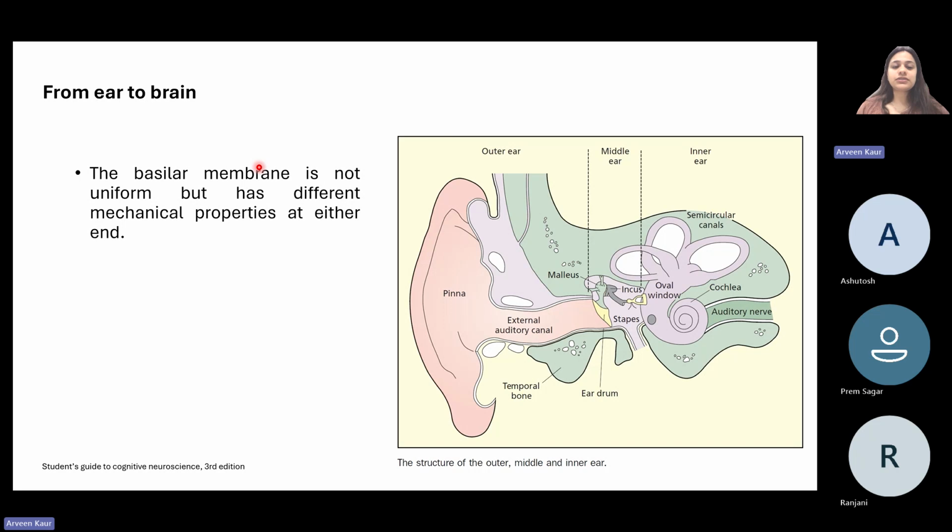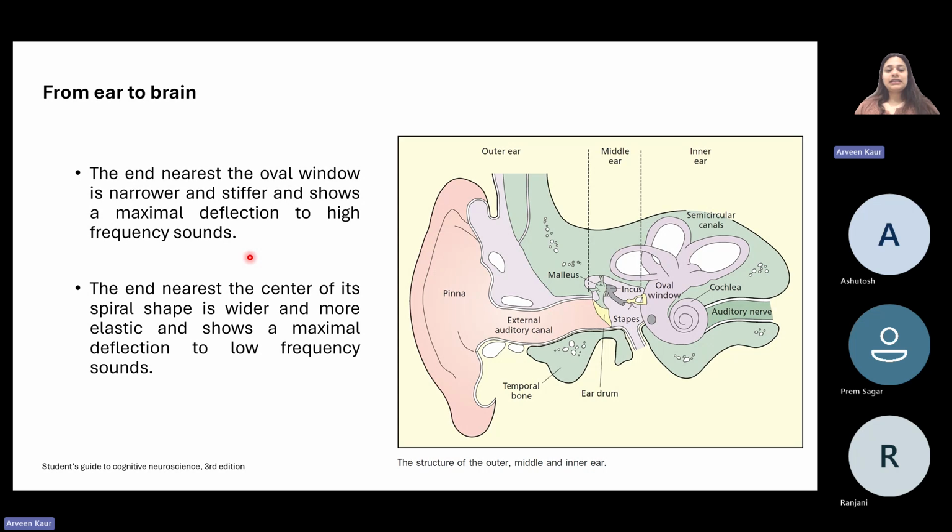The basilar membrane is not uniform but has different mechanical properties at either end. The end nearest to the oval window is narrower and stiffer and shows a maximal deflection to high frequency sounds. The end nearest the center of its spiral shape is wider and more elastic and shows a maximal deflection to low frequency sounds.